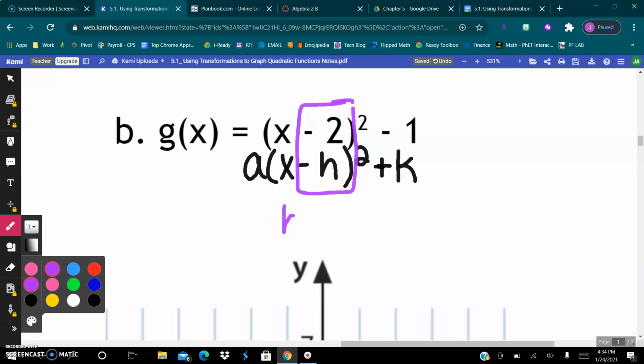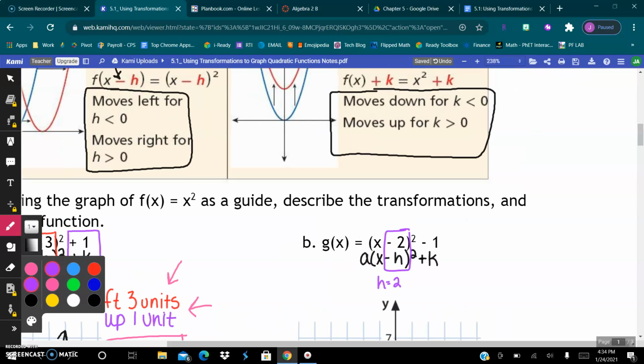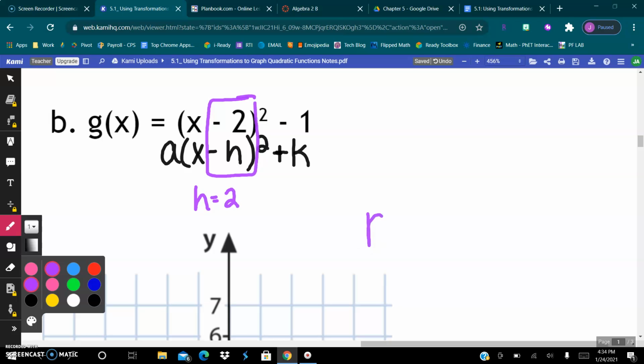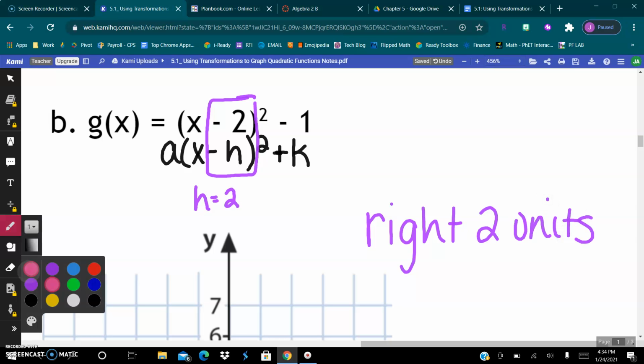So our h value would be a 2. And if we go back to our chart, it says that if h is greater than 0, it moves right. So this one's going to move right 2 units. And then our k value is a minus 1, so that means down 1 unit.